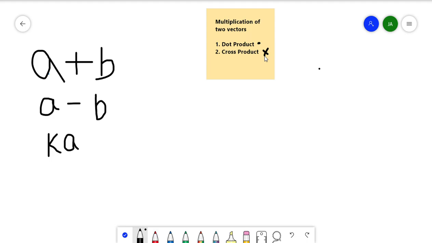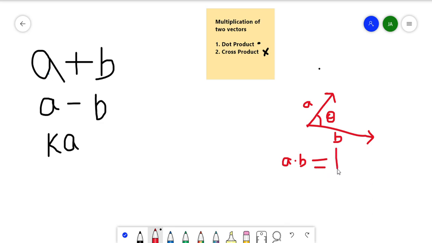Now, if I have vector A and I have vector B, and the angle between them is theta, the dot product of these two vectors, A dot B, is equal to the magnitude of A multiplied by the magnitude of B, then the cosine of the angle between them.